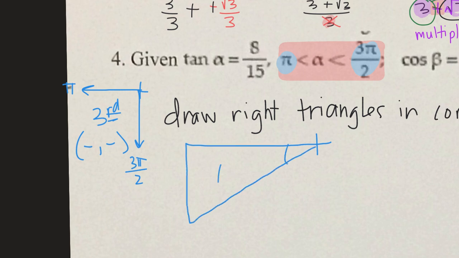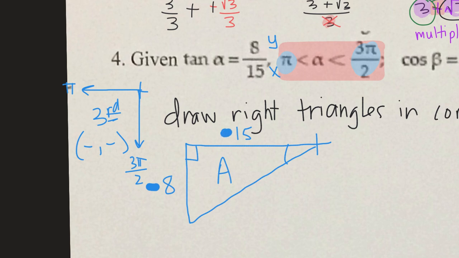So when we draw our triangle in the third quadrant, this is your angle, triangle A, or alpha if you want to call it that. If the tangent is 8 over 15, well, that's the y value over the x value. So we have a y of 8 and an x value of 15. But in the third quadrant, both of these are negative. The problem is not going to tell you that.